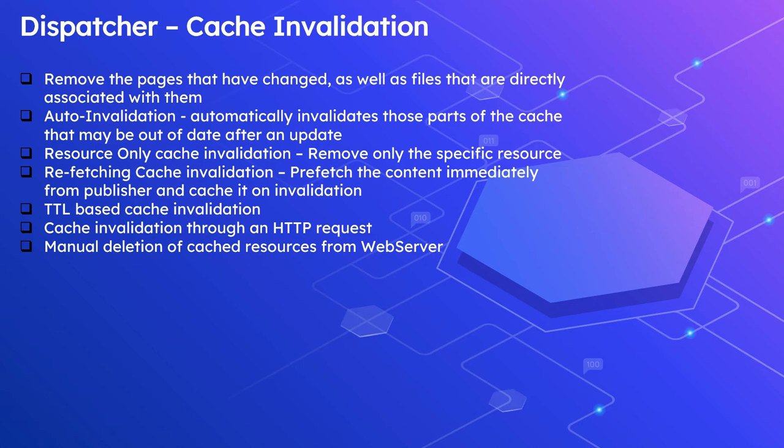So all the parallel requests will reach the publishers, and the publisher will get loaded with multiple requests due to this invalidation. Refetching cache invalidation will prefetch the content immediately from the publisher and cache it on the invalidation, so that the publishers will not get multiple requests from the dispatcher.